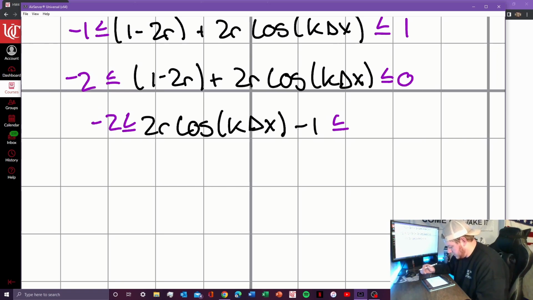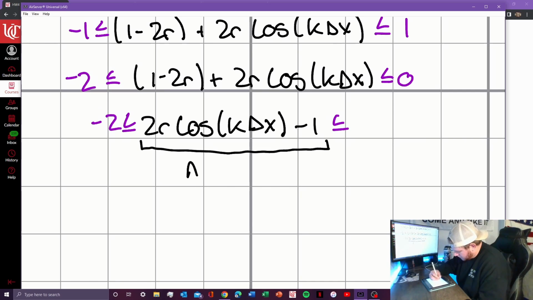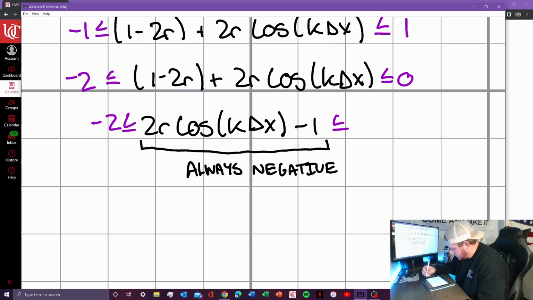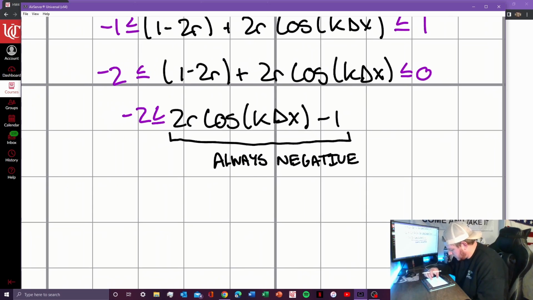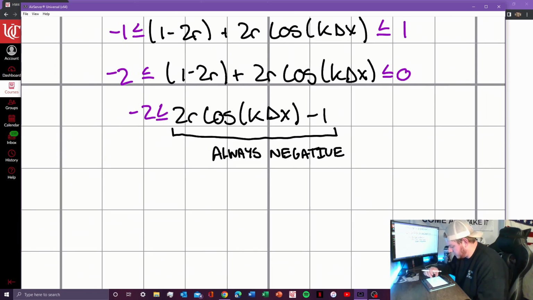And then basically we just know that this is always negative. So we really don't even have to worry about the limit on this side. It's not something we need to worry about.